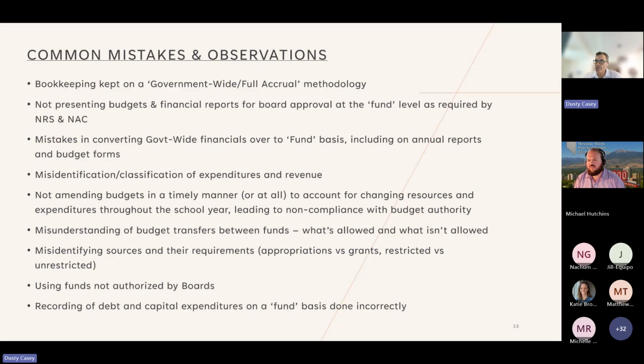Depreciation, I know there's an object code in there. We took it out of the budget form. School districts will use depreciation sometimes in those enterprise funds where they're holding other assets, and they will treat those more on a government-wide basis. I've spoken to CFOs about it, asking where would you even use depreciation? They said they don't use it in their general fund or special funds like SPED, and so forth.